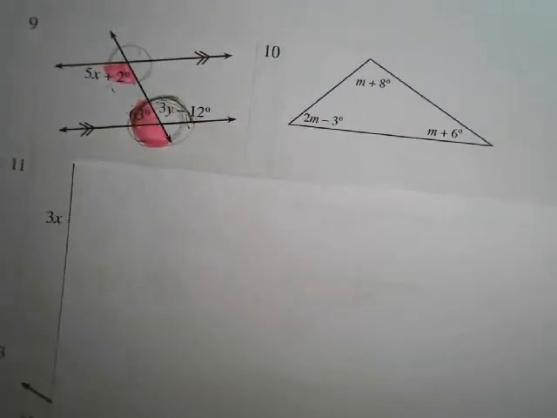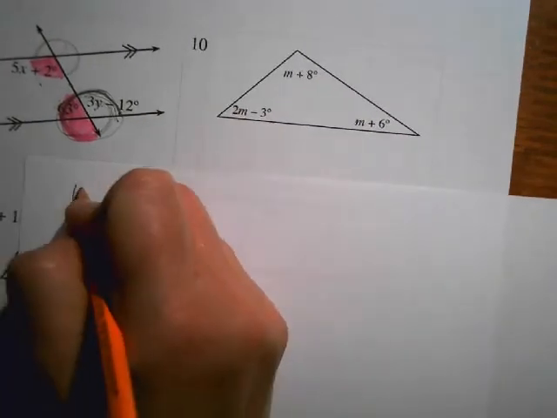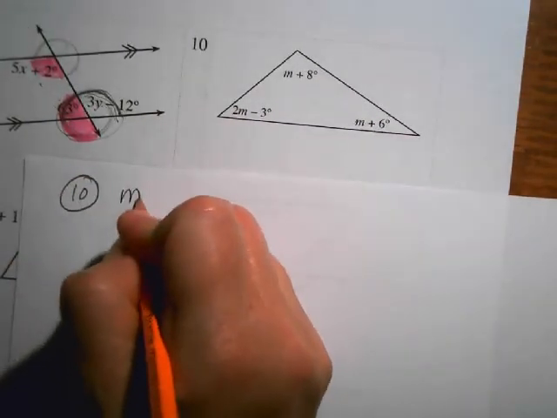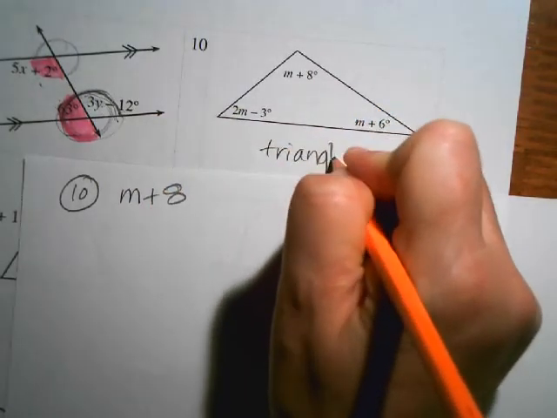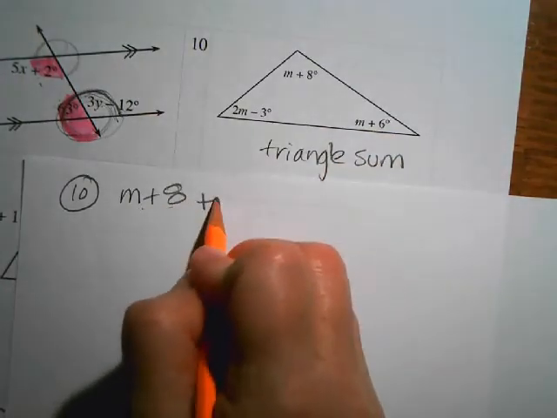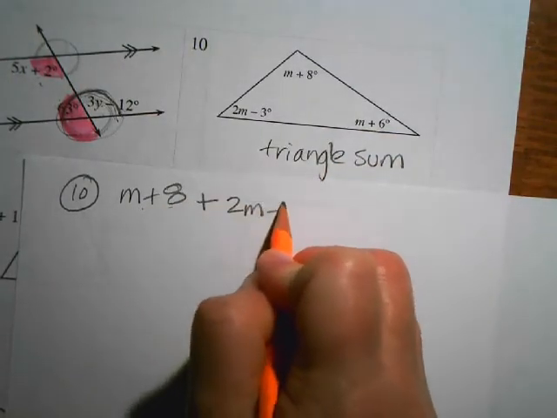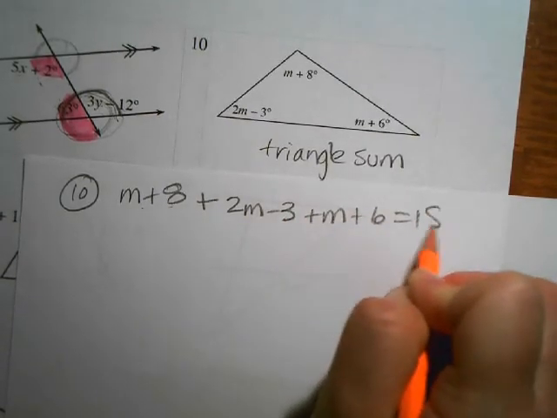Okay, number 10, we have a triangle. All the angles in a triangle add up to 180. So we're using triangle sum. So m plus 8 plus 2m minus 3 plus m plus 6 equals 180.